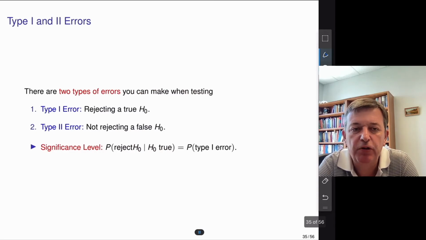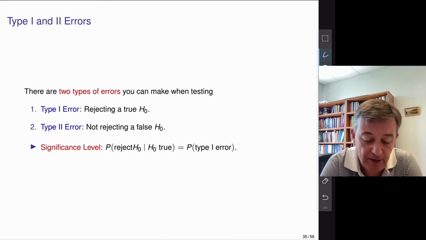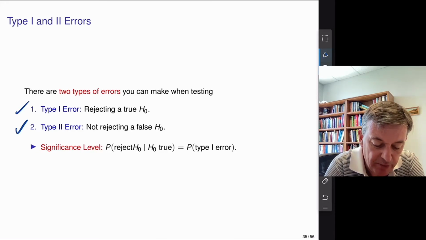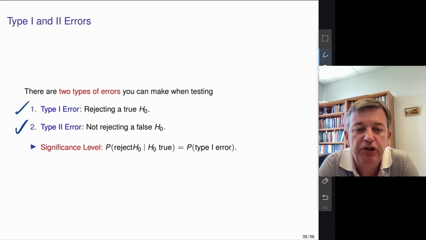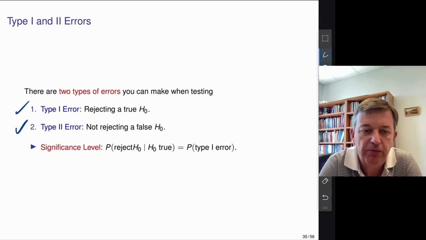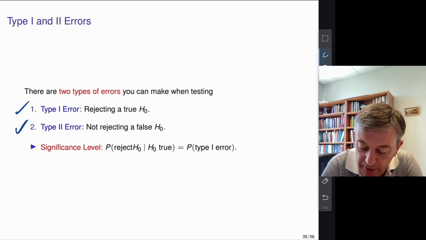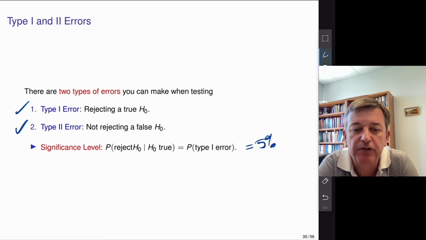Okay, just like we talked about sensitivity and specificity, the same concept is true in A/B testing. There's a type 1 error and a type 2 error. Rejecting a true H0, generally we control the type 1 error. So the 5% in the Neyman-Pearson framework, that's controlled.